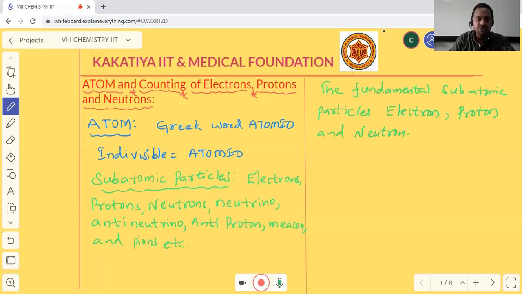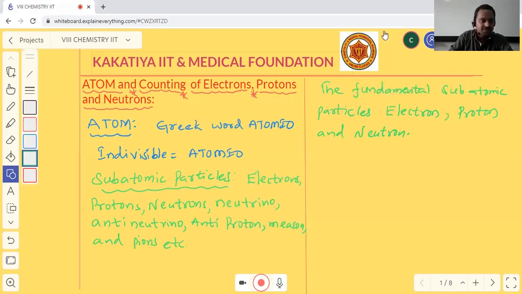In our topic, we will discuss only the electron, proton, and neutron. Actually, we will discuss how these are present inside the atom. Electrons revolve around the nucleus. Inside the nucleus, protons and neutrons are present.